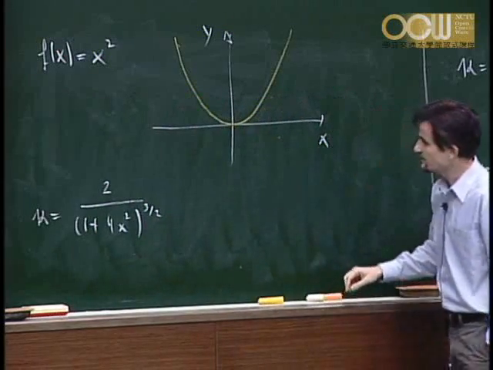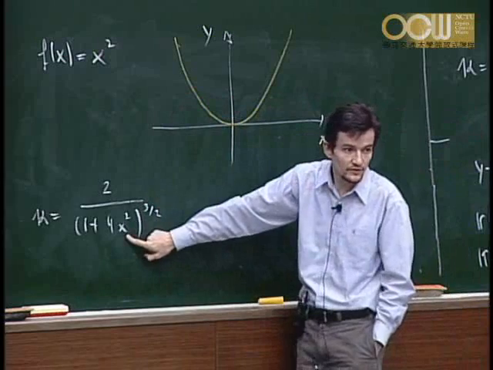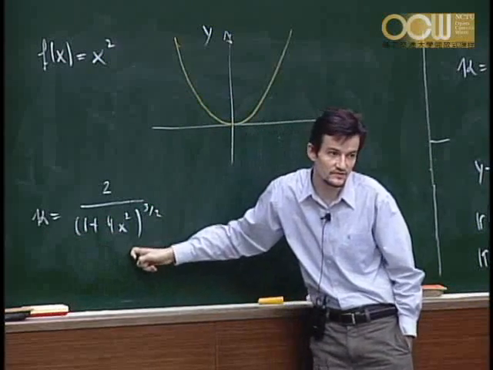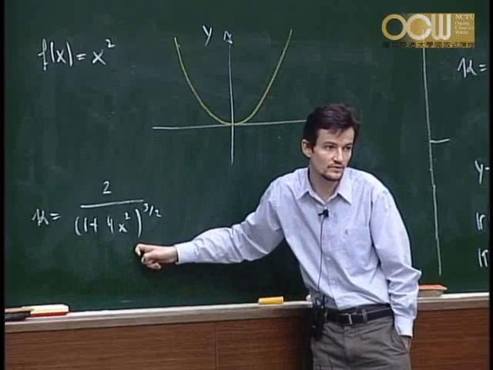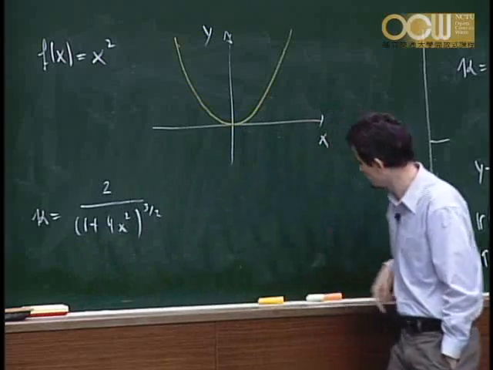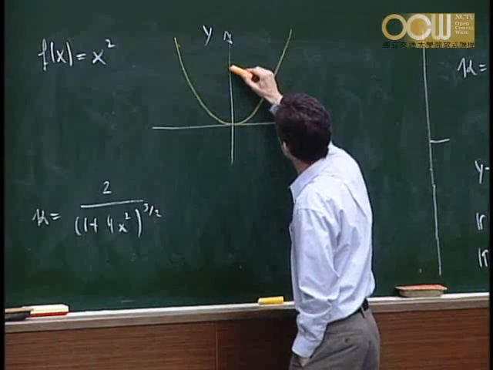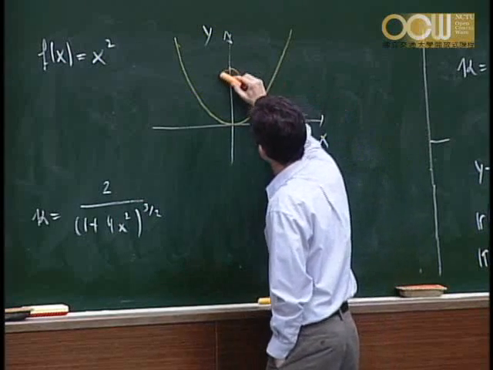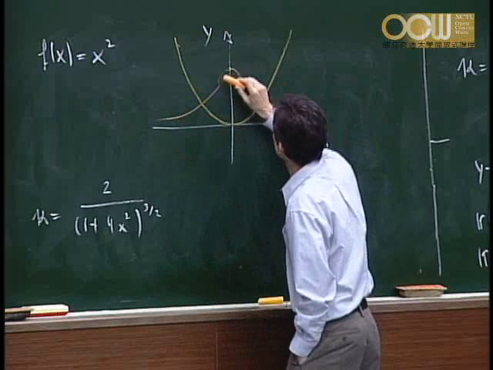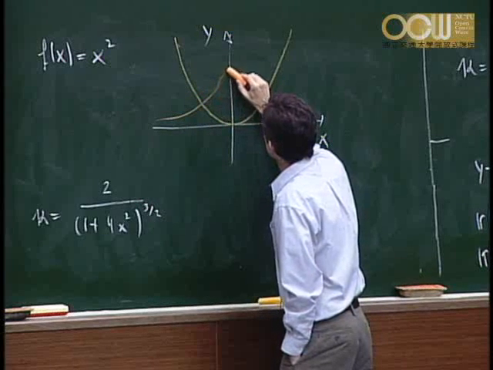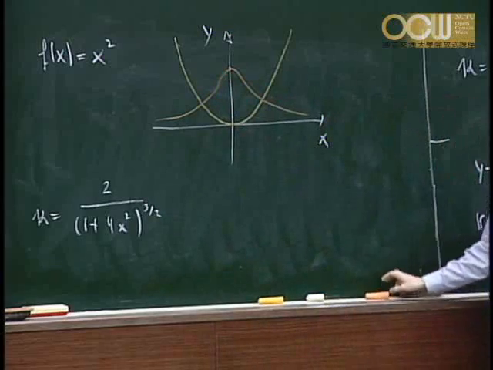So you see that at x equal to 0, this function kappa achieves its maximum, which is 2, and then it goes down symmetrically.